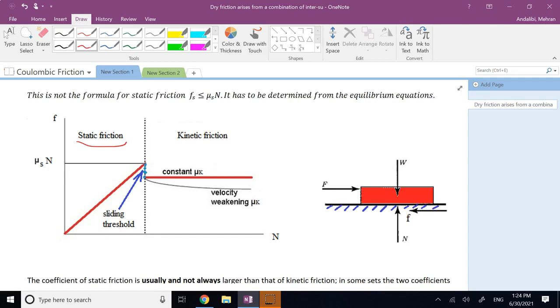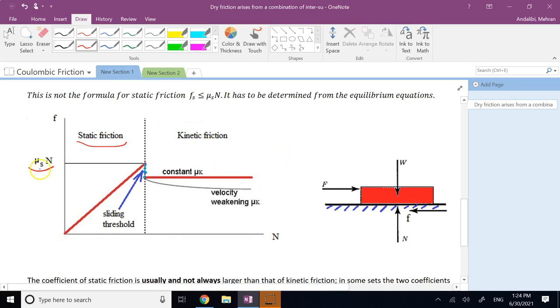For that maximum static friction, we can write a constant we call mu s, the coefficient of static friction, times N. And there is also a name for that term. We call it traction.